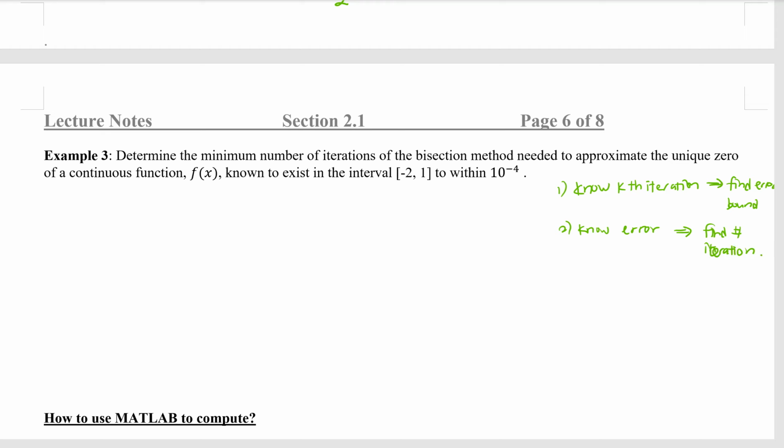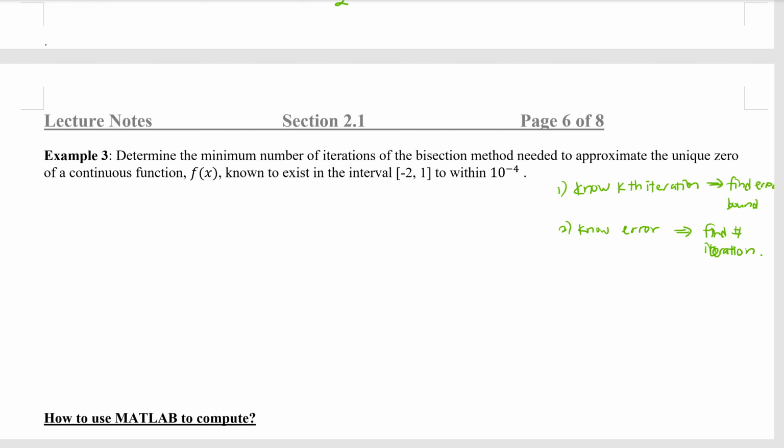The previous example had 5 iterations and we wanted the error bound. Here we are doing the opposite: we want to control the error to be within 10 to the -4 and find the number of iterations. So far, so good, everybody.